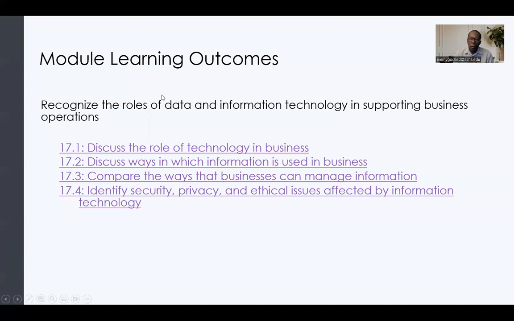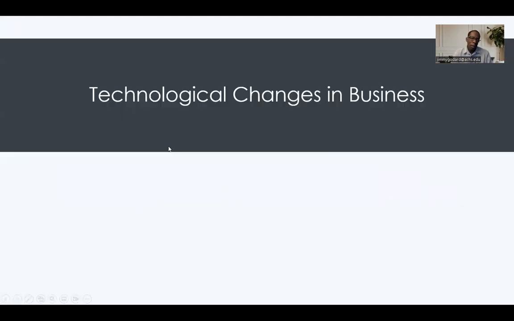In our module for this week, we'll be talking about the role of technology in business, discuss ways in which information in business is used, how as business owners, as we interact with businesses, the way we should expect our data to be used and so forth. Compare the ways that businesses can manage information and identify security, privacy, and ethical issues affected by business and technology.